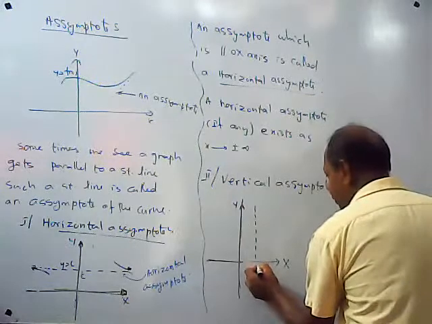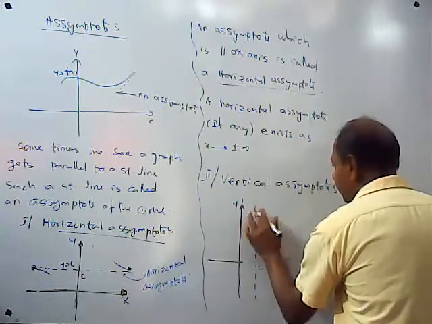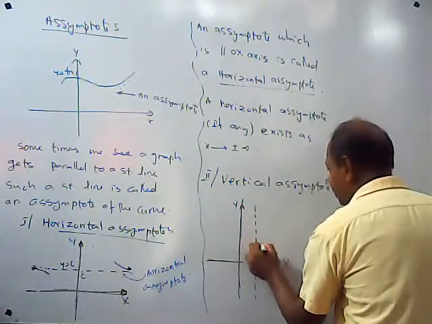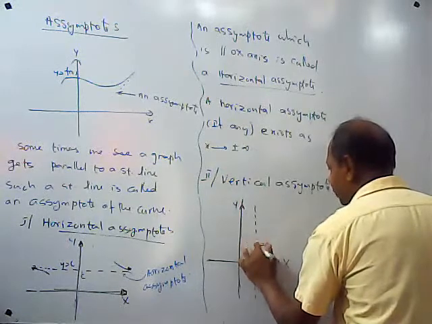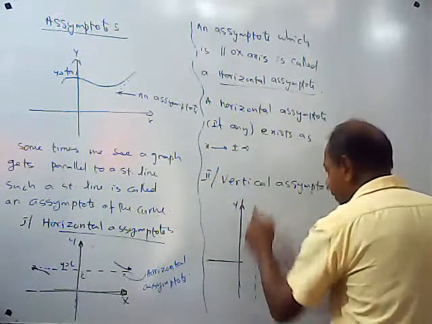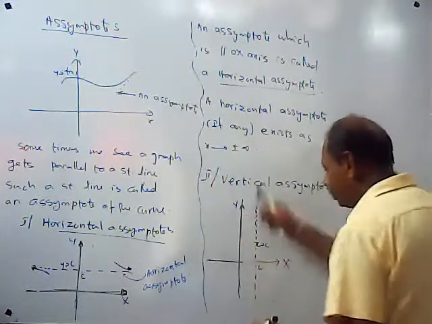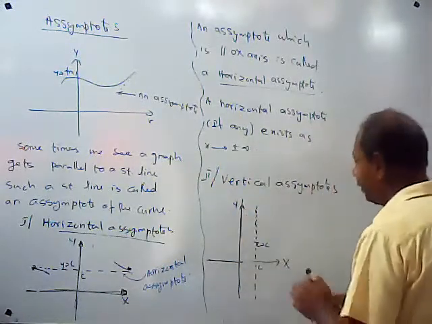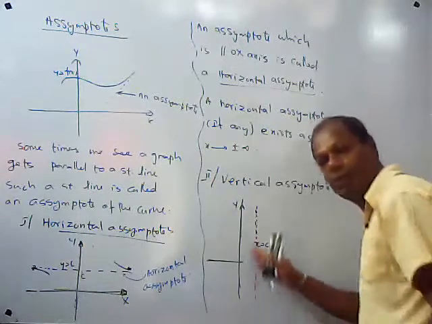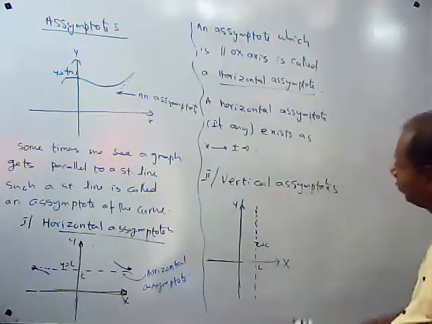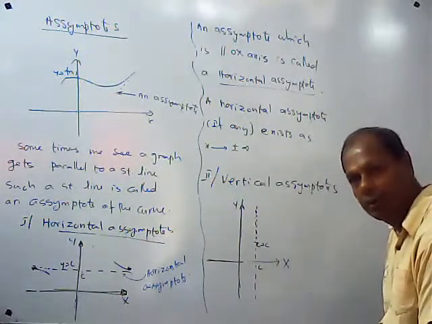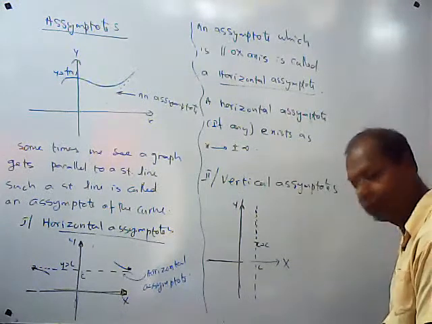The equation will look like x equals c, the equation of the line, since the x value is constant everywhere, and an asymptote like this we call a vertical asymptote, right?